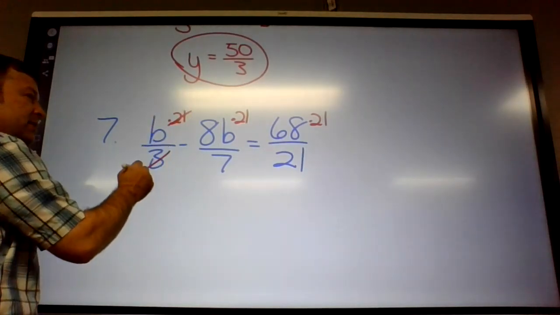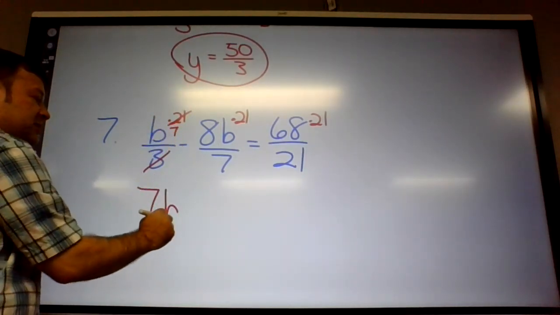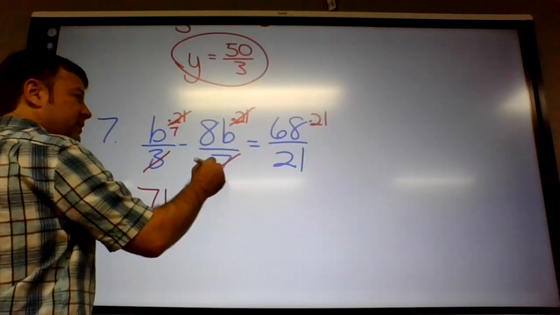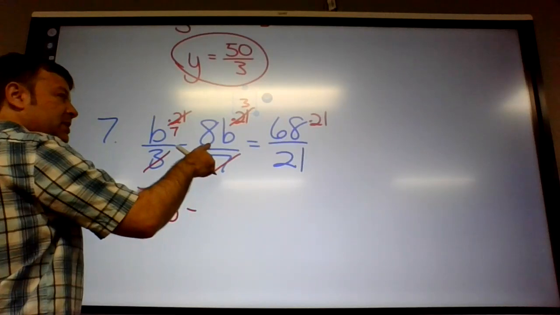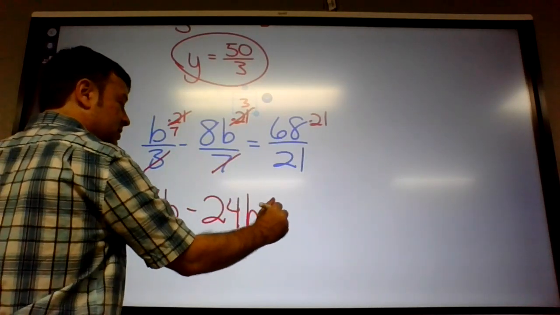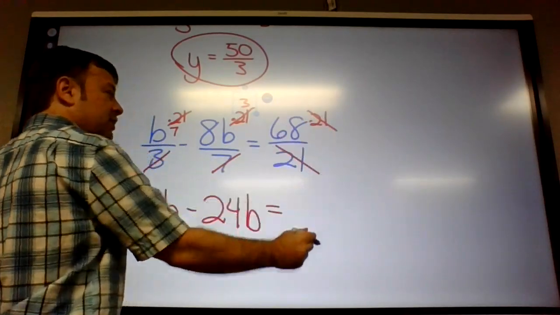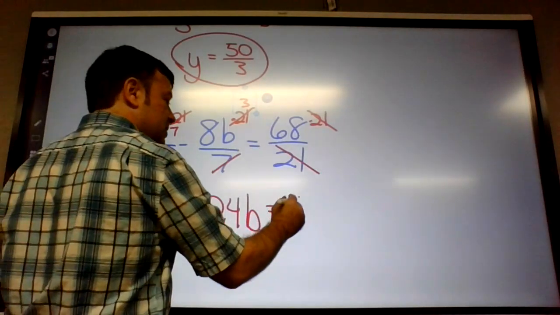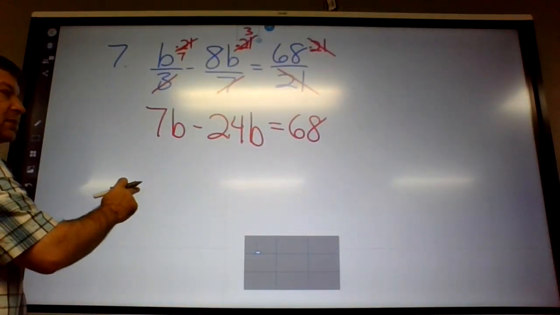21 divided by 3 is 7. So that would be 7b. 21 divided by 7 is 3. 3 times 8b, 24b. And 21 divided by 21 just cancels out. It's kind of like the last one.